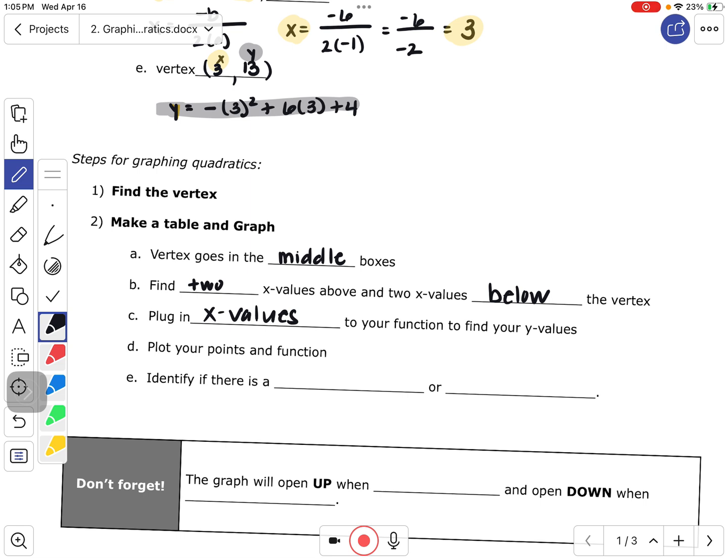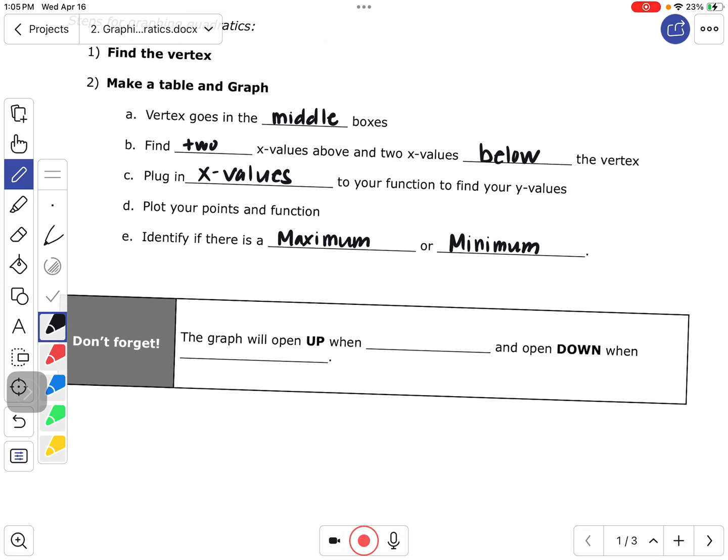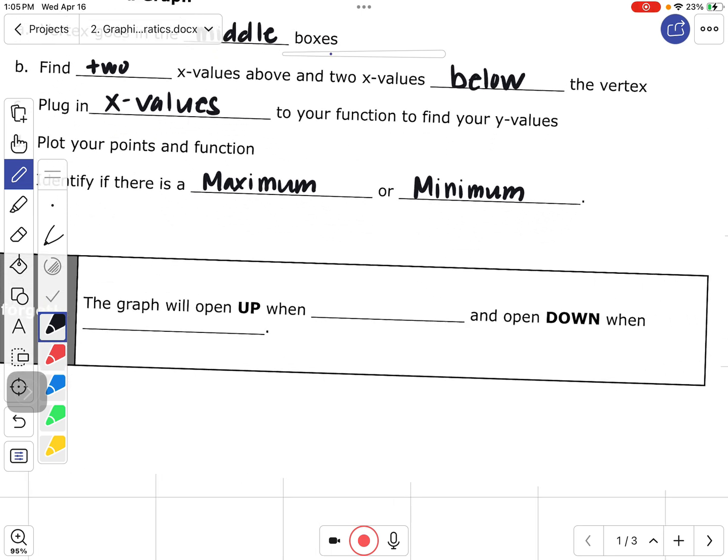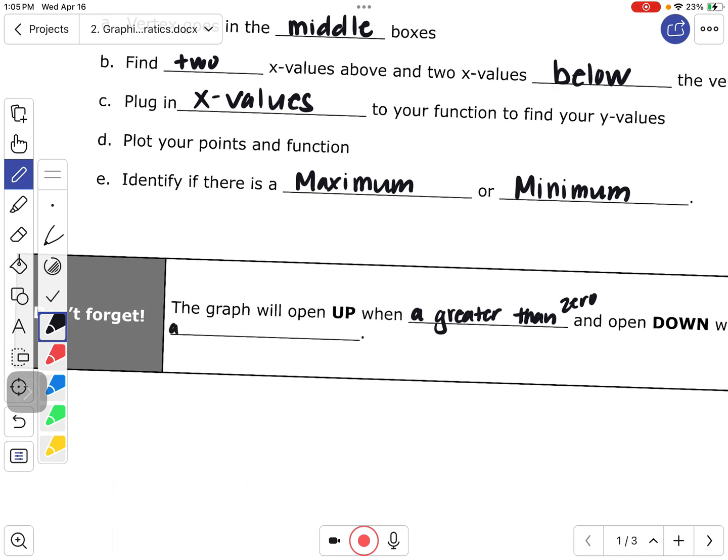Then plot your points and identify if there is a maximum or a minimum. Don't forget, the graph will go up when A is greater than 0 and open down when A is less than 0.